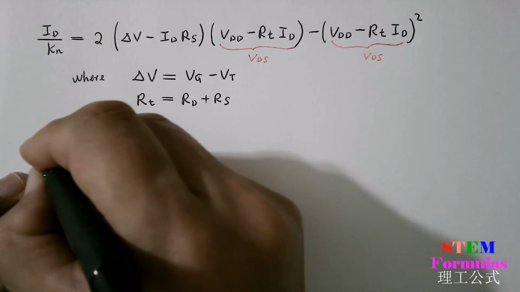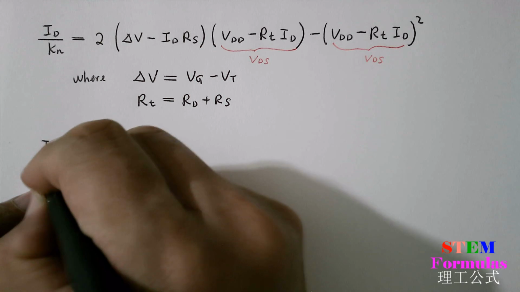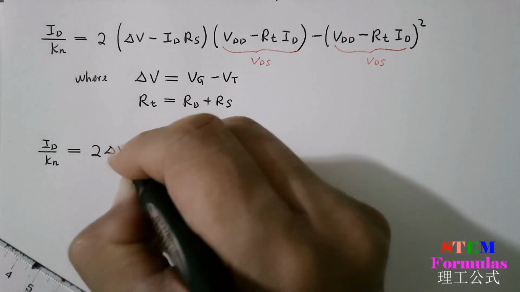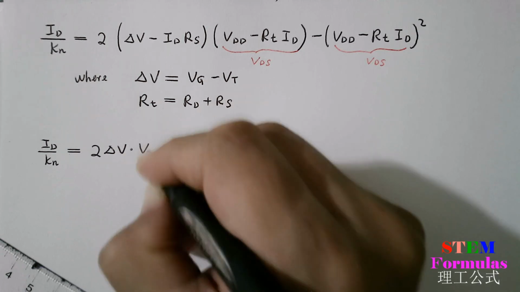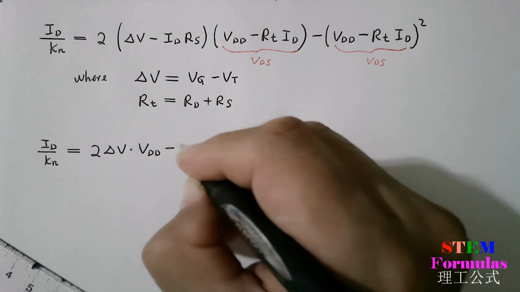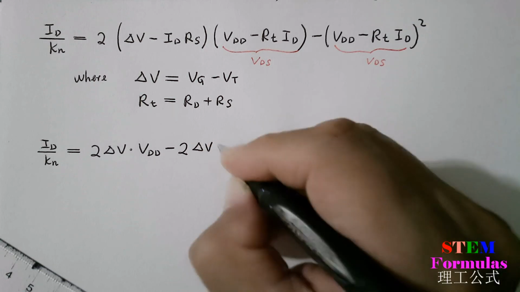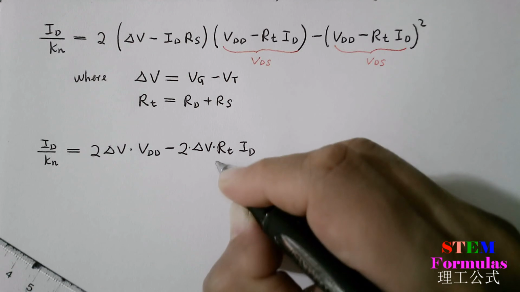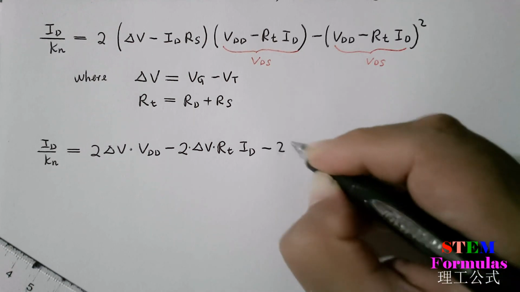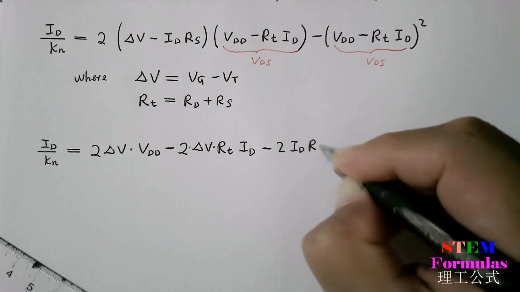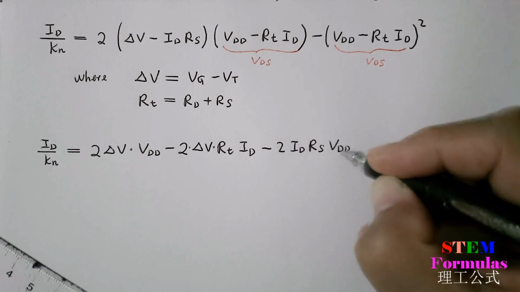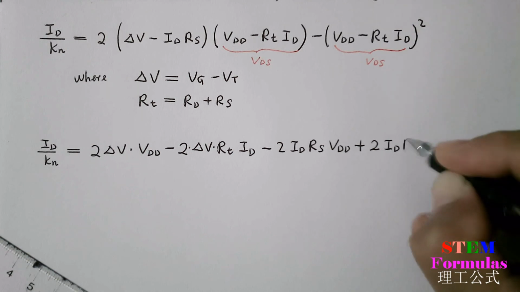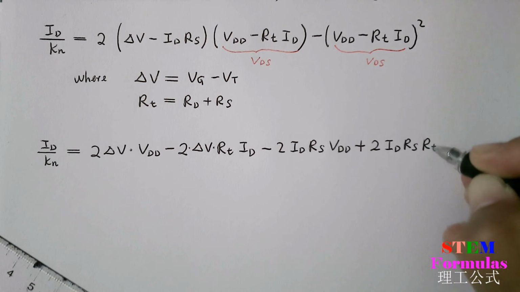So I write here ID divided by Kn equal 2 times delta V times VDD minus 2 times delta V RT ID minus 2 times ID RS VDD plus 2 times ID RS RT ID.